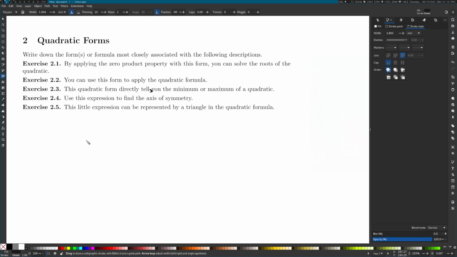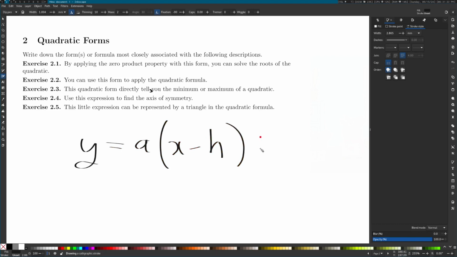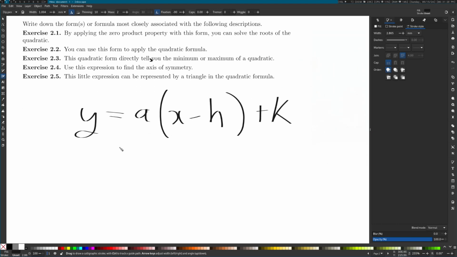If we want the vertex of a quadratic, we can write it as y is equal to a times (x minus h) squared plus k. And this form, since this is the vertex, is called vertex form.